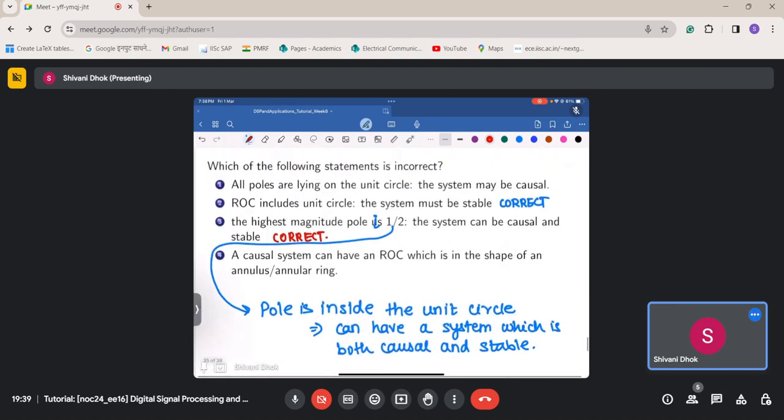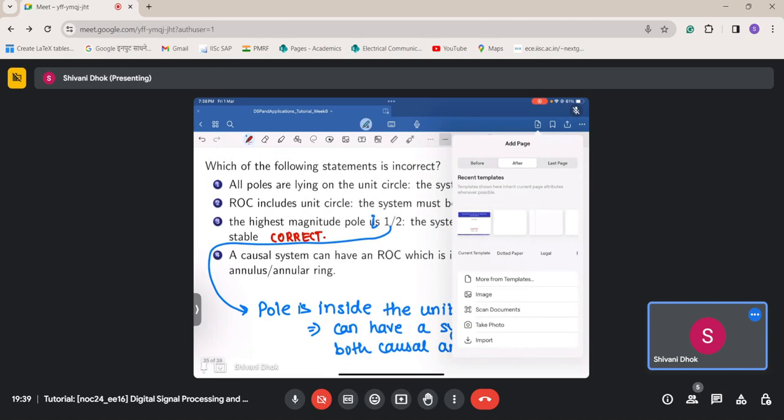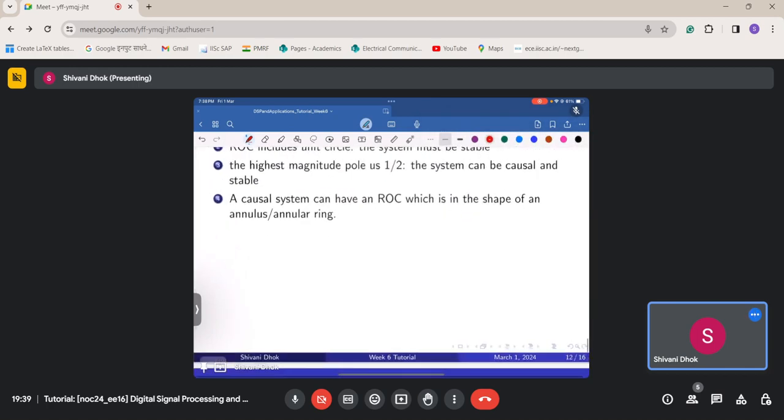Now let us look at the fourth one. It says that a causal system can have an ROC which is in the form of an annulus or an annular ring. So one pole that I'm having is, let's say, somewhere here, and let's say I have another pole which will give me a contour something like this.